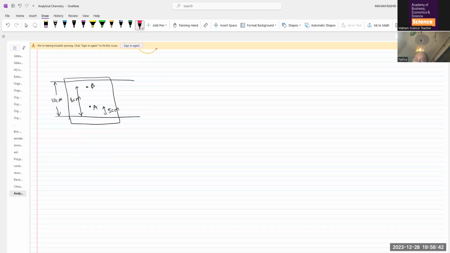Now, I tell you to find the retardation factor for B. What will you do? 8 over 10, which gives you 0.8. And for A it is going to be 5 over 10, that gives you 0.5. Okay? So this is a smaller RF value. This is a greater RF value.